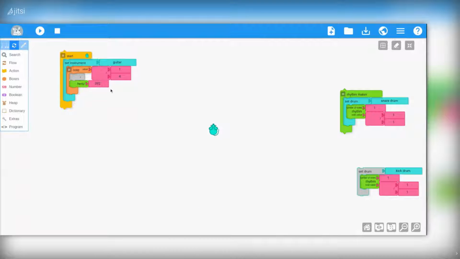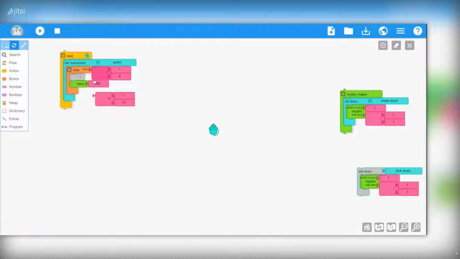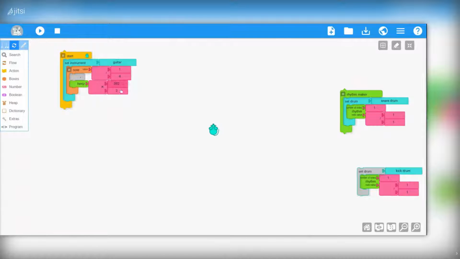And when you represent pitch like this, well, first of all, you see the math in pitch, but you also have something to play around with. So I can use math. I can take this 392. I can use multiplication on it. So if I do times 2, I get another pitch.